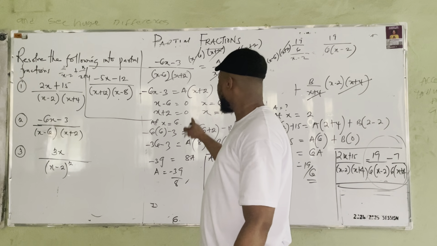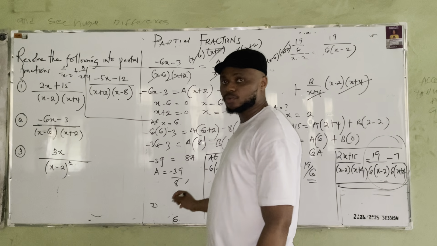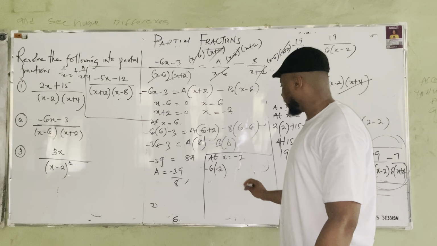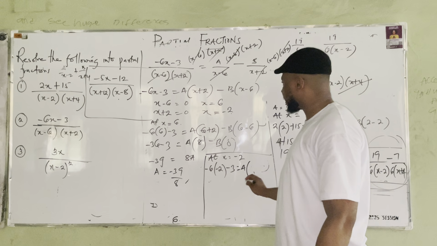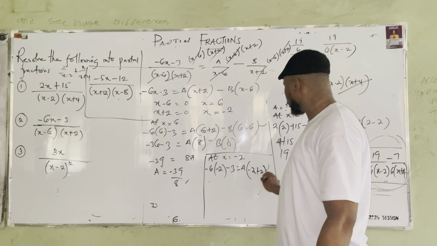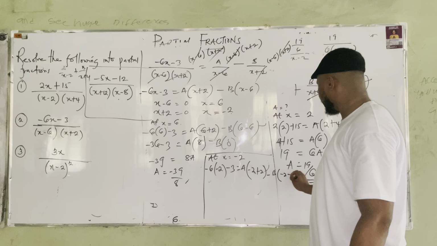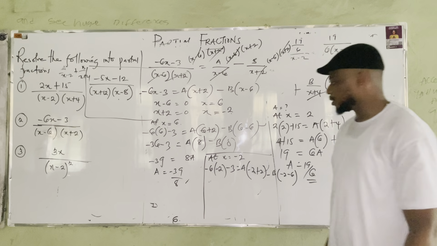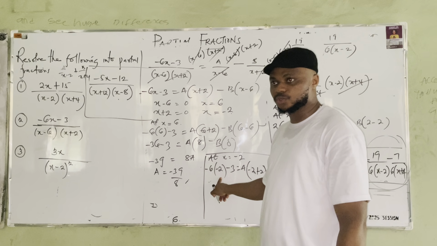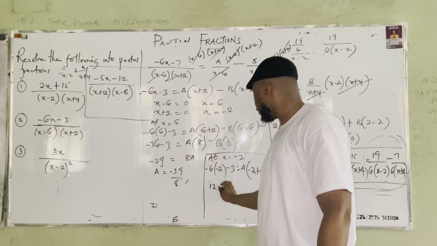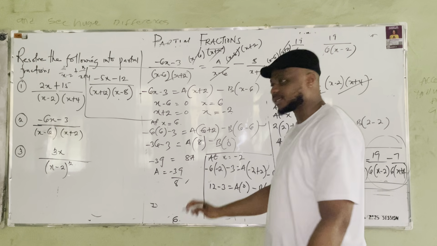So we'll now have minus 6 bracket minus 2 minus 3 equals a bracket minus 2 plus 2 minus b bracket minus 2 minus 6. So minus 6 times minus 2. Minus times minus is plus, right? Yes. 6 times 2 is what? 12. So we have 12 minus 3 equals a times 0 minus b times minus 8.